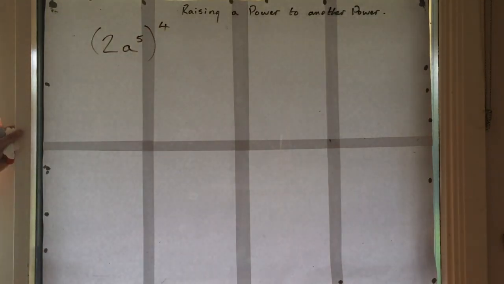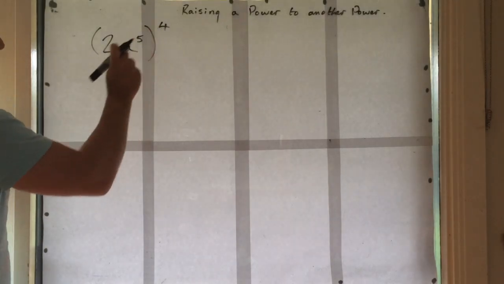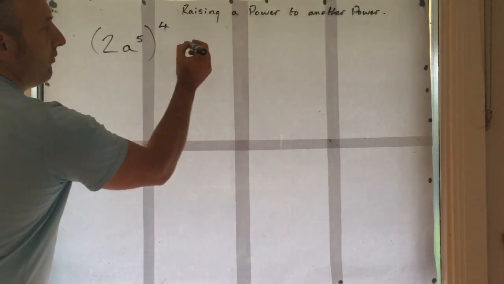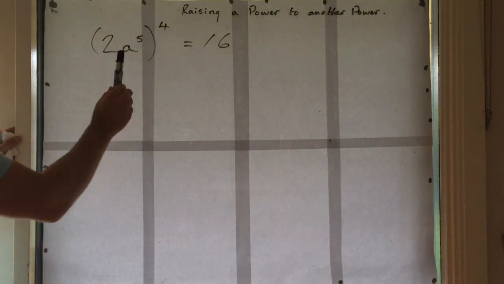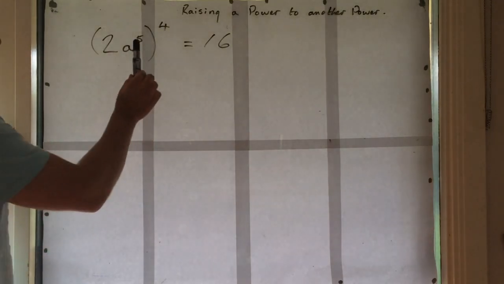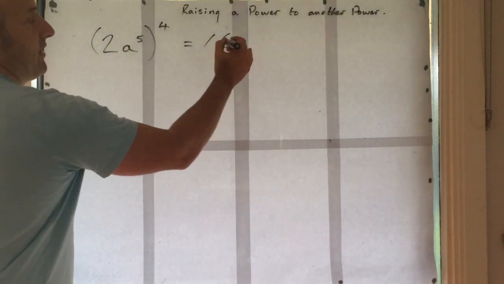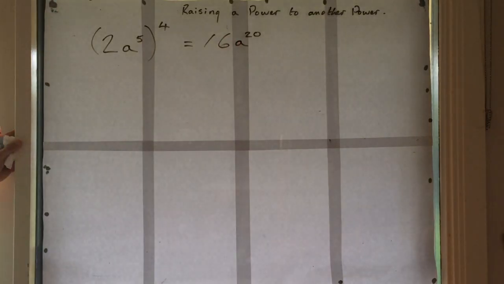Now this is where we might need our calculator. We've got 2 to the power 4, which is 16. Then a to the 5 to the 4. Again, we multiply these two numbers, so we end up with a to the 20.